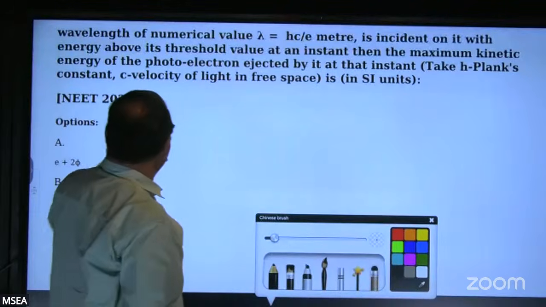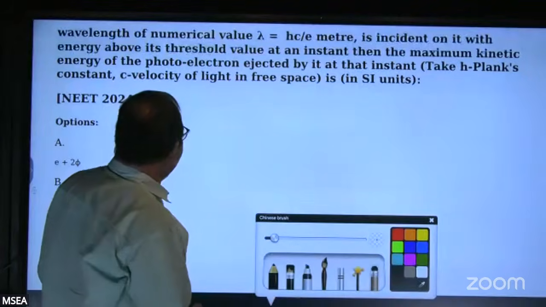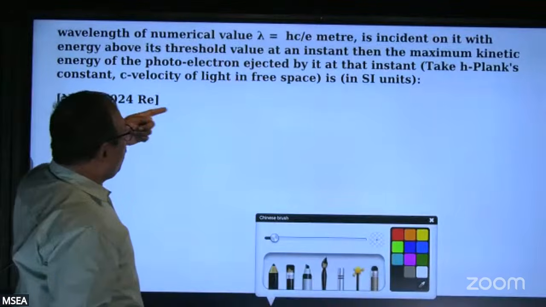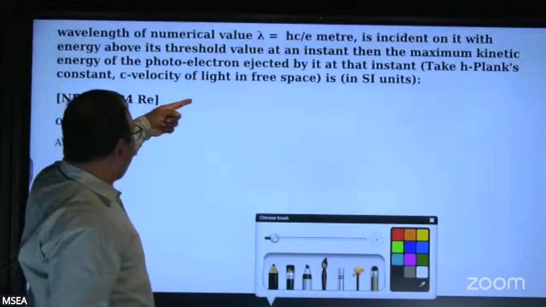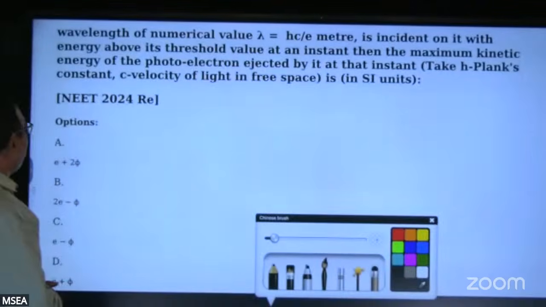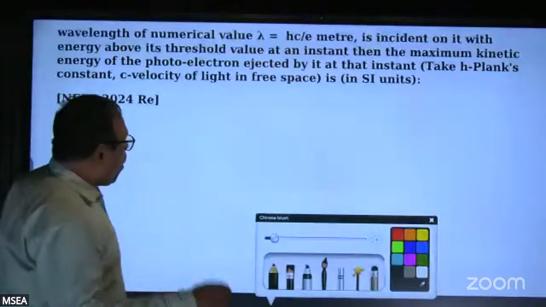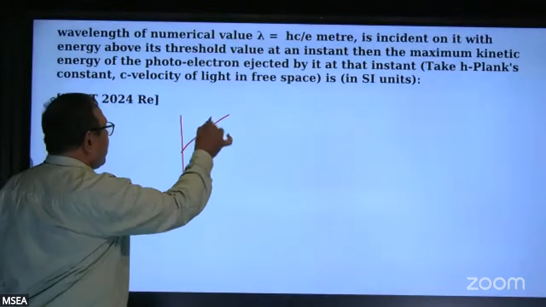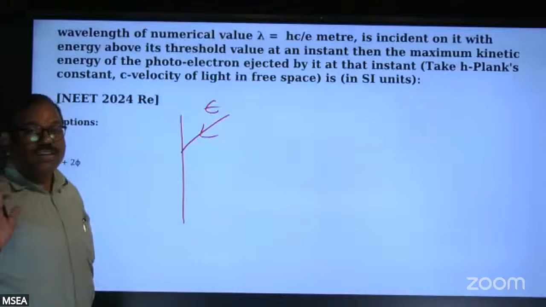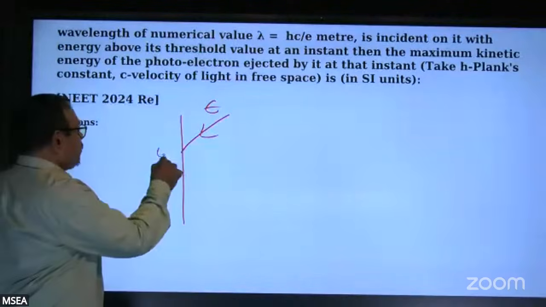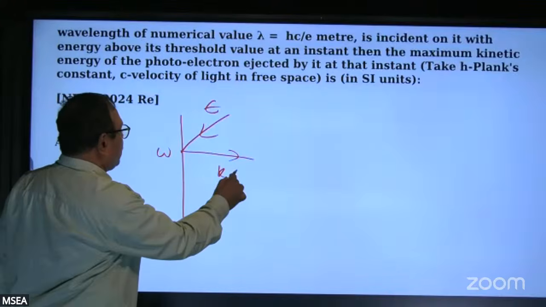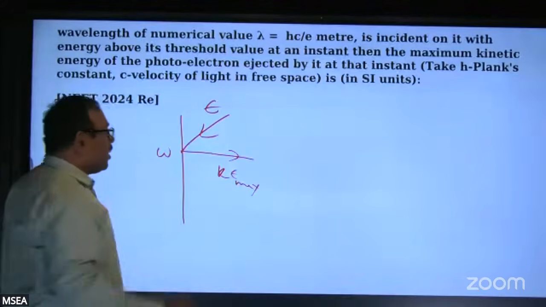So the wavelength numerical value is given, and hc by this is given. It also asks about the maximum kinetic energy of the photoelectron ejected by it at that instant. One important point I'll give. Let us take the energy falling, and the work function here is W. The maximum kinetic energy of the photoelectron coming out is Ke max.